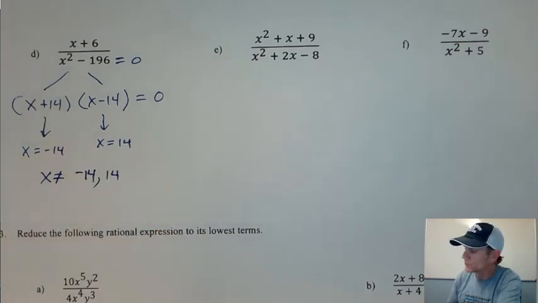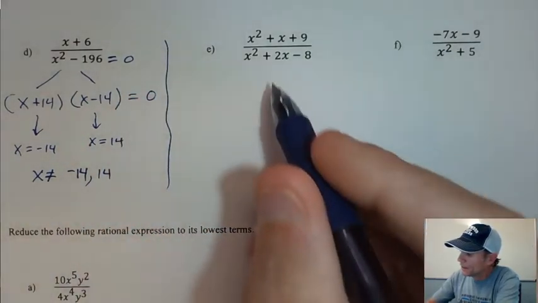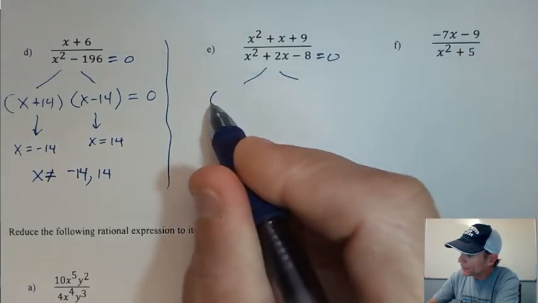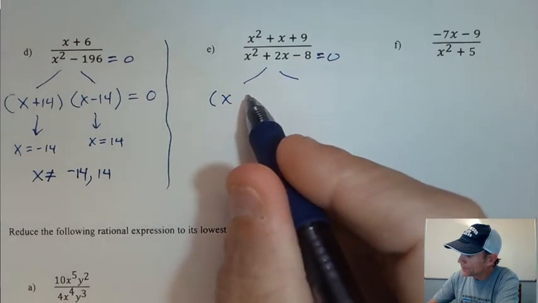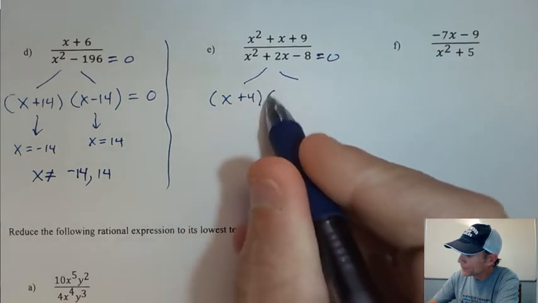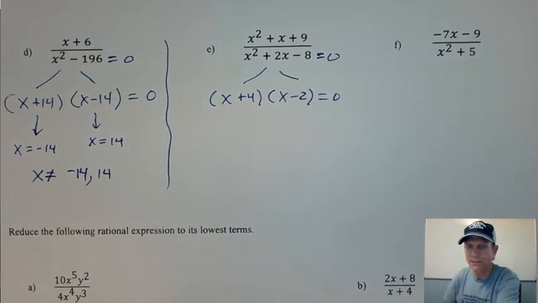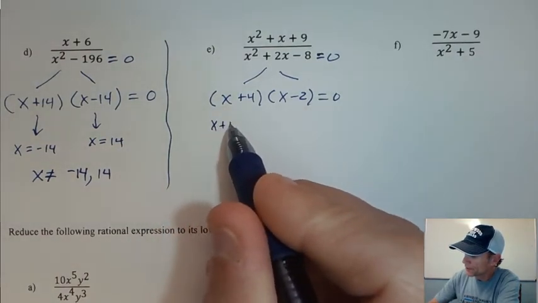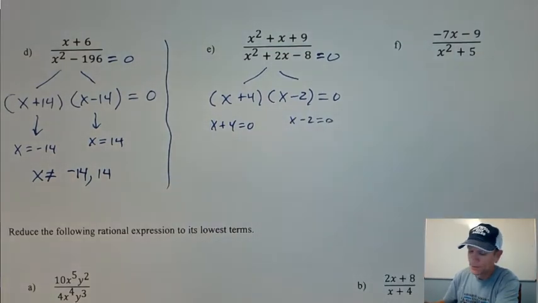Right? Two restrictions. Looking at E here. Again, I see that it has a square, so I'm going to factor. And if you're not good at factoring, hopefully you're going to get better at it soon. But it makes it a little more difficult if it takes you a while to factor it. I'm pretty good because I've done about 10,000 of them. So I factored this. Using the longer method this time, I'll set this piece equal to 0 and set this piece equal to 0.